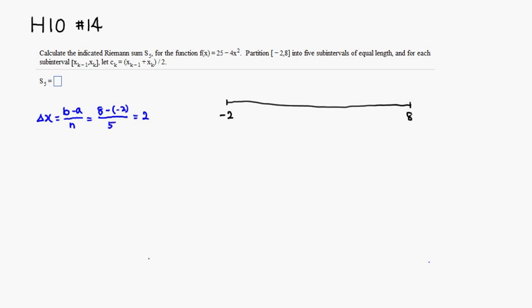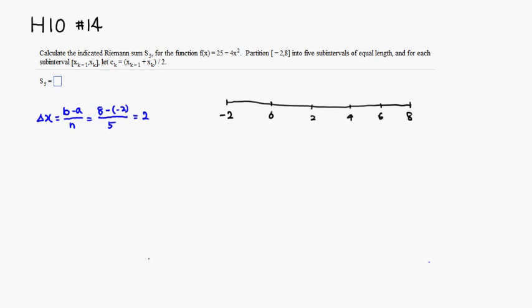So we put tick marks every 2 units: -2, then 0, 2, 4, and 6. Then the sample point C sub k is the average of the two endpoints, which means it's a midpoint.